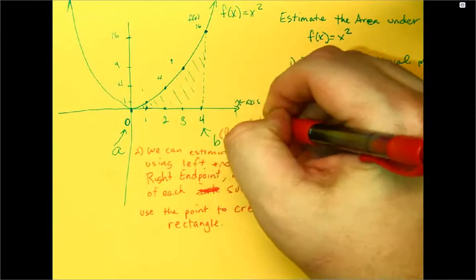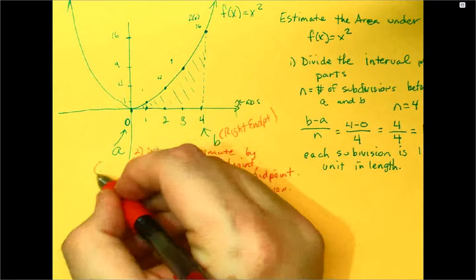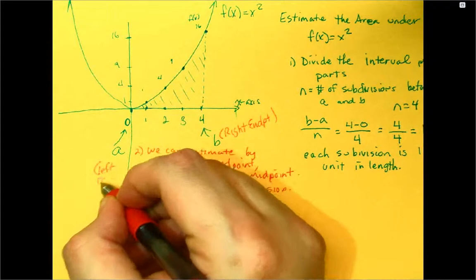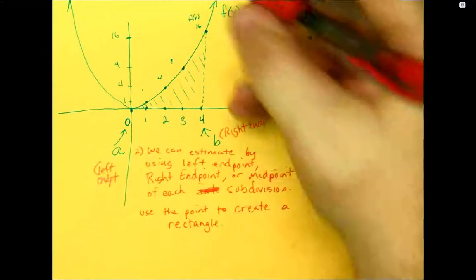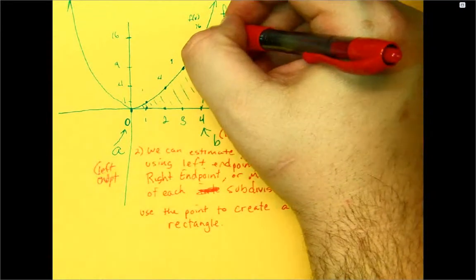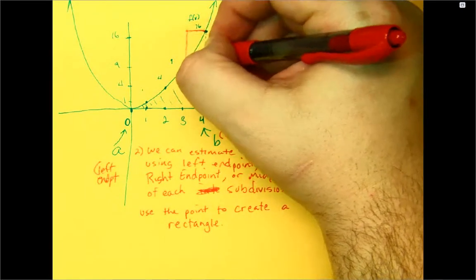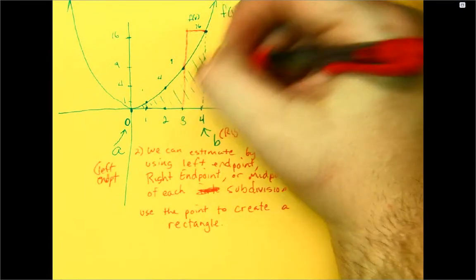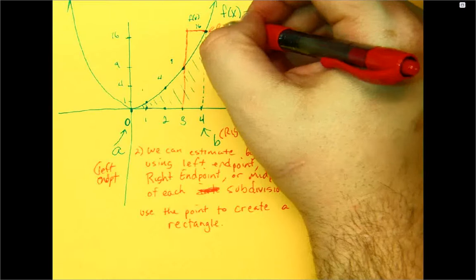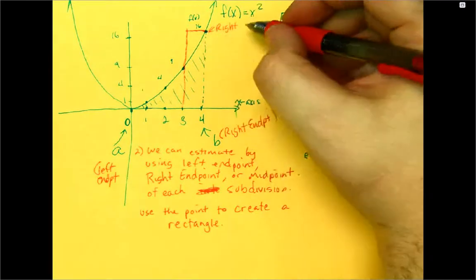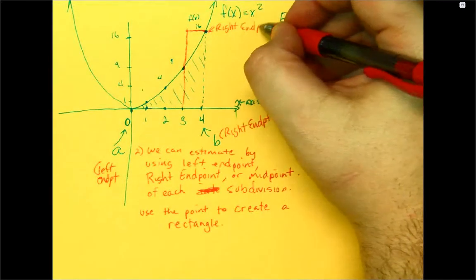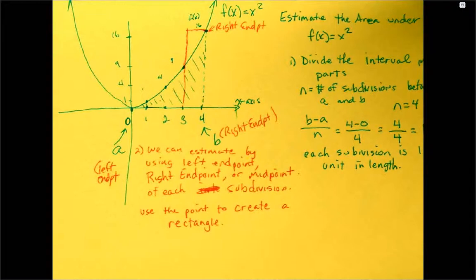And I'll just go over here and say left. Now, to create the rectangle I would do this. I would use this. That's my right endpoint. Let me see if I can make it a little bit clearer.